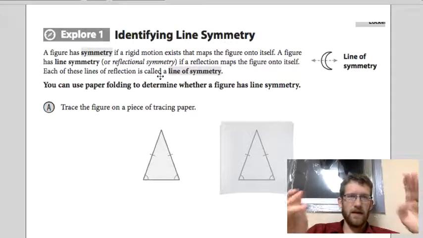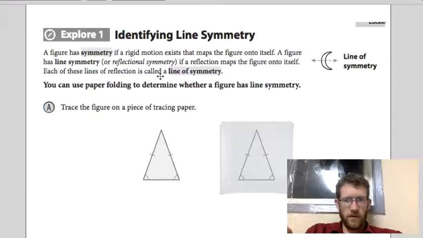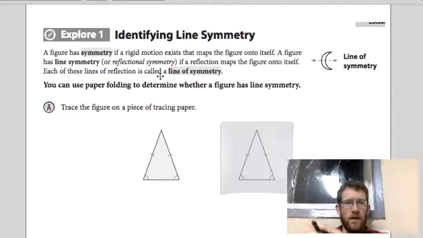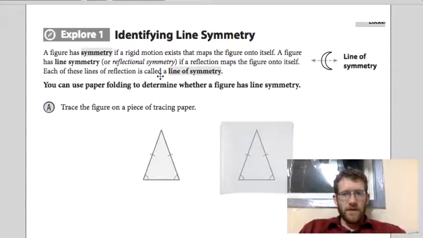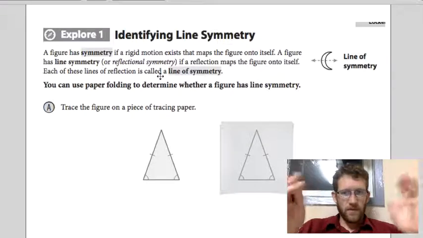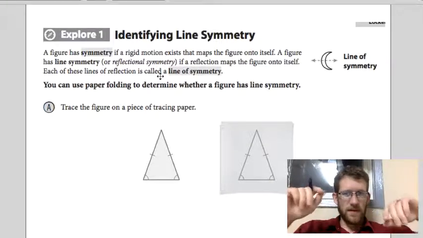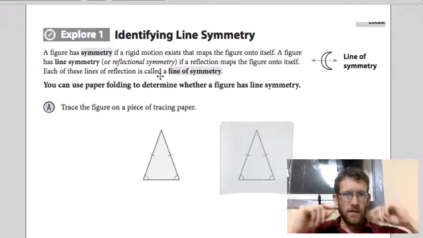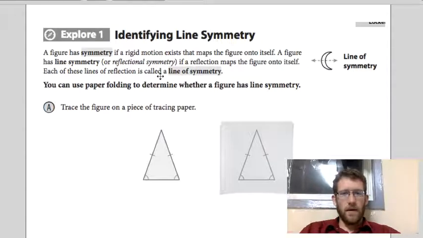A fish has a fin on the left side and right side, and an eye on this side and this side. Humans have bilateral symmetry, same deal. We've got an ear on both sides and an eye on both sides, and our mouth is symmetrical, etc. Whereas something like a jellyfish might have a different type of symmetry.